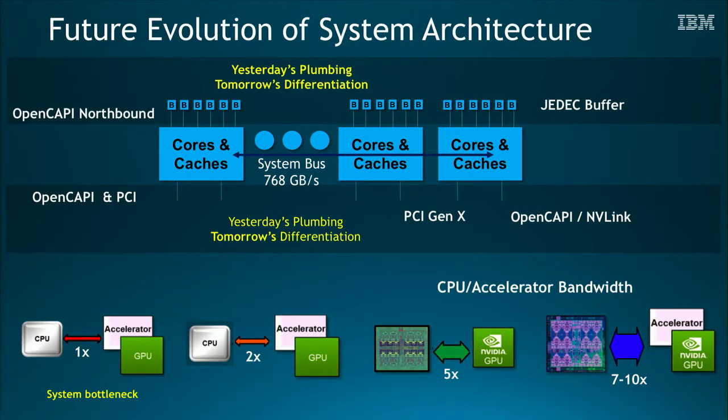Now that's the differentiator. That's where the technology and the value is going to come from: the I/O attach and the memory attach, and cores and caches are going to become the plumbing. This is a shift that we're leading with OpenPOWER and with our partners in OpenPOWER.